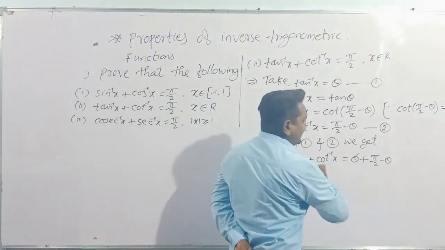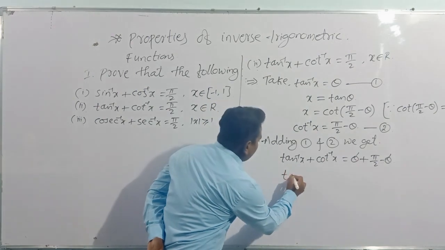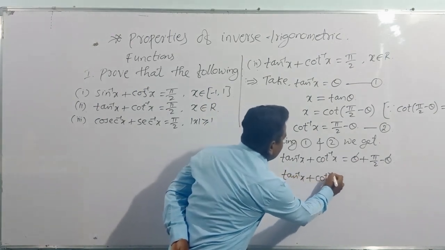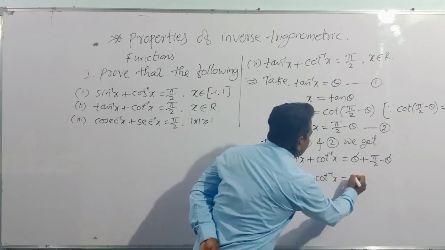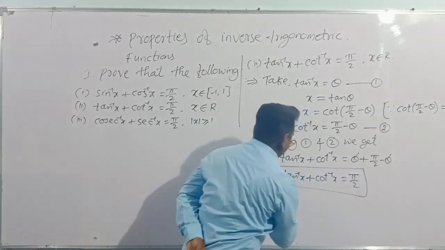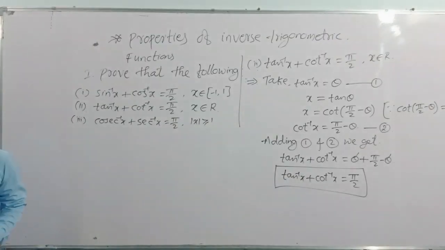Then plus theta minus theta get cancel out. Tan inverse x plus cot inverse x is equal to what? Pi by 2. Hence the proof of second property.